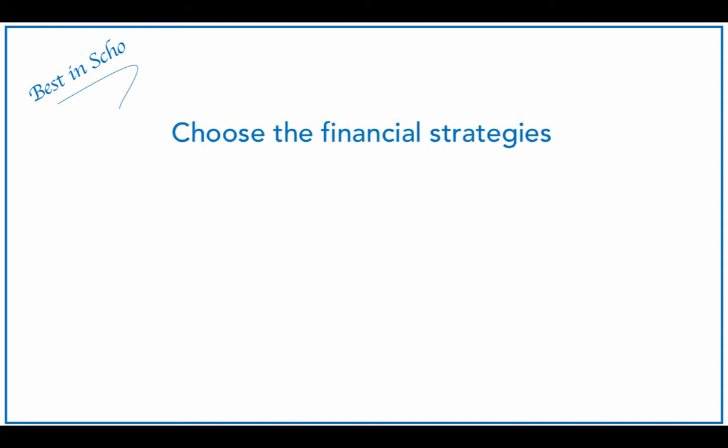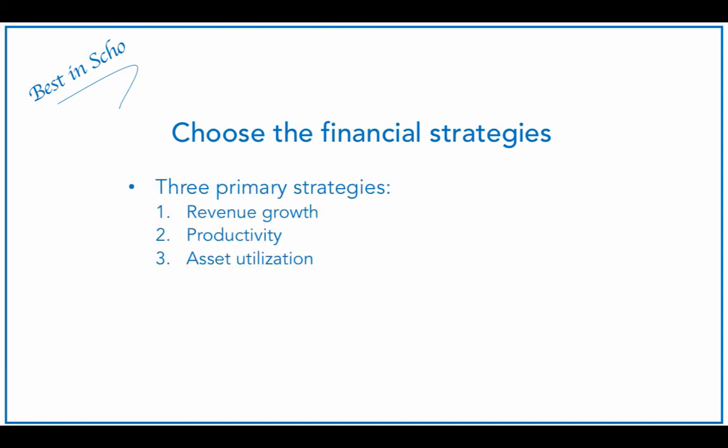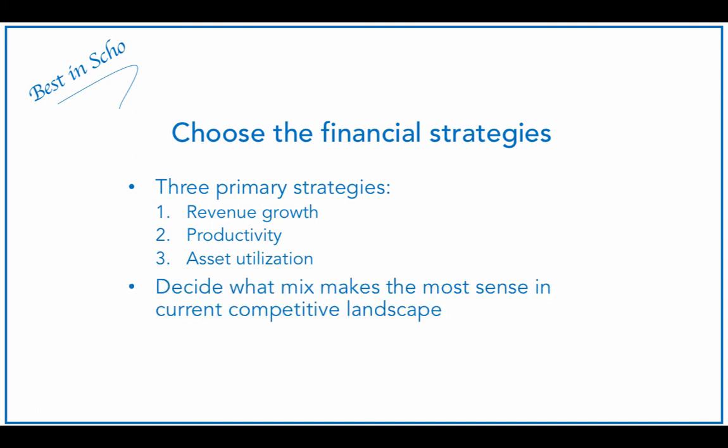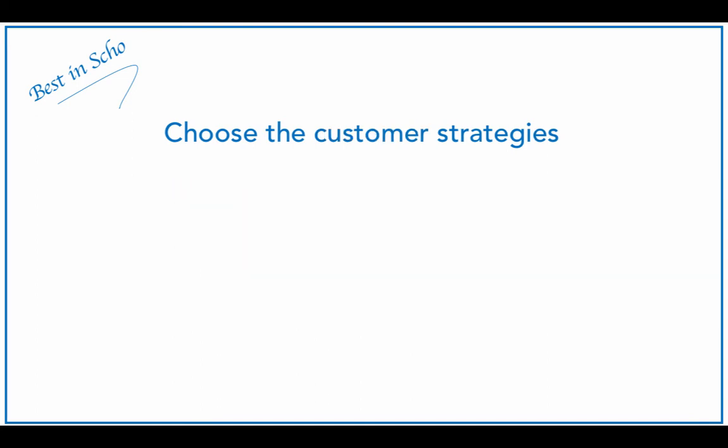The next suggested step is to choose the financial strategies. The 3 primary strategies typically followed are revenue growth, productivity, and asset utilization. The right mix of these, the one that makes the most sense given the competitive landscape, will position the organization to succeed. And now comes time to focus on the customer strategies.